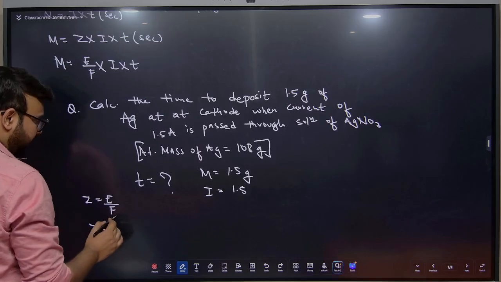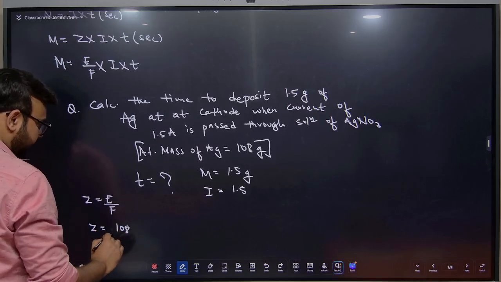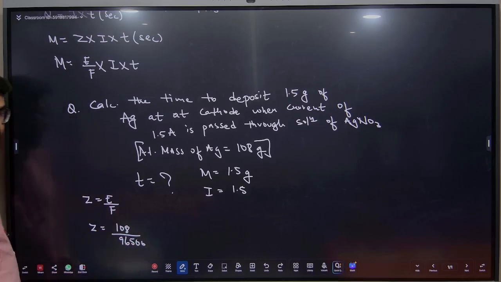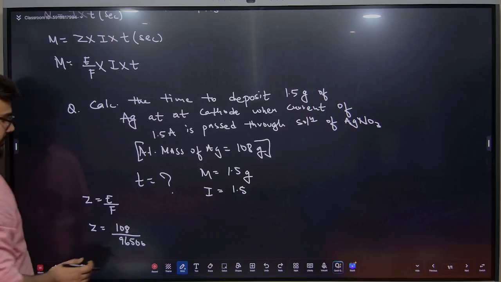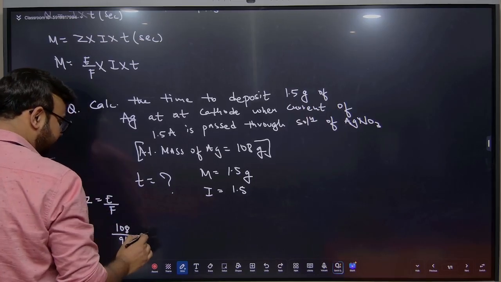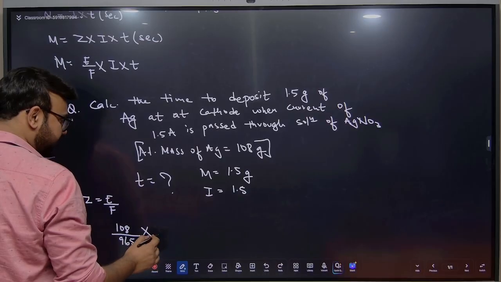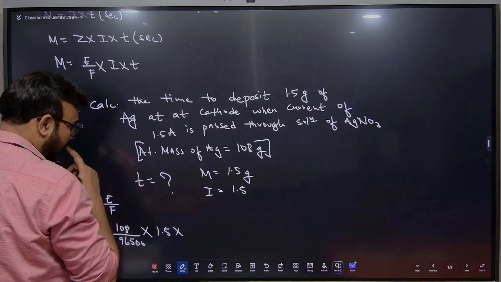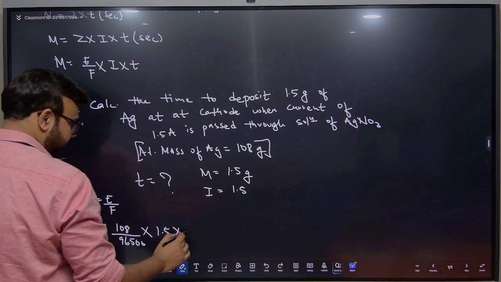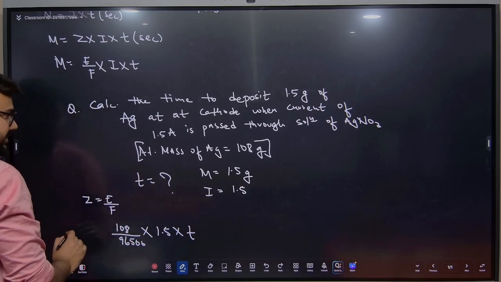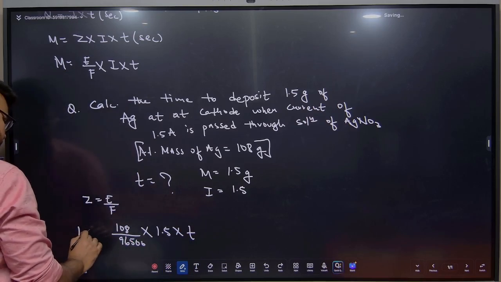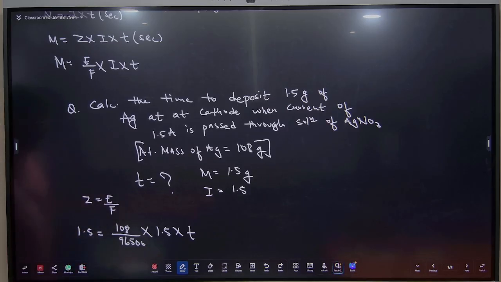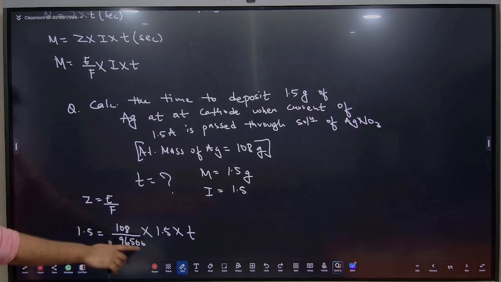So E value will be 108, and Z is 108 by 96,500. So mass is Z into I, which is 1.5, into t, that you have to solve, and mass is 1.5. So rewrite this equation in terms of t.